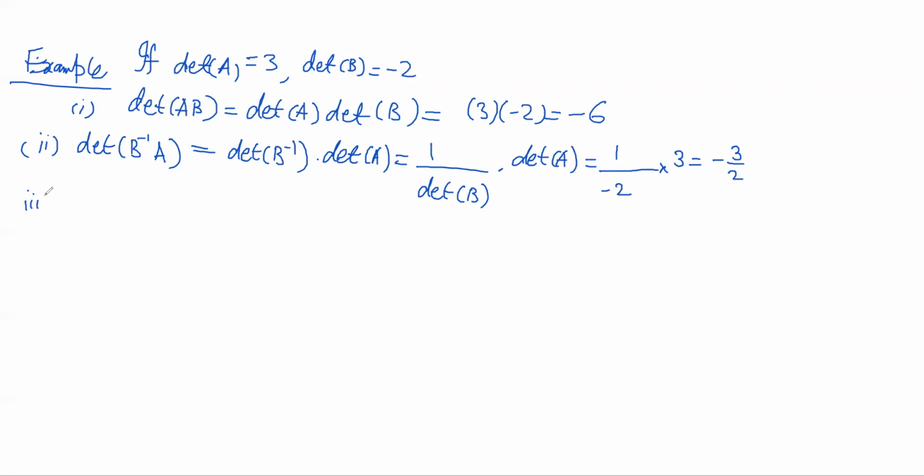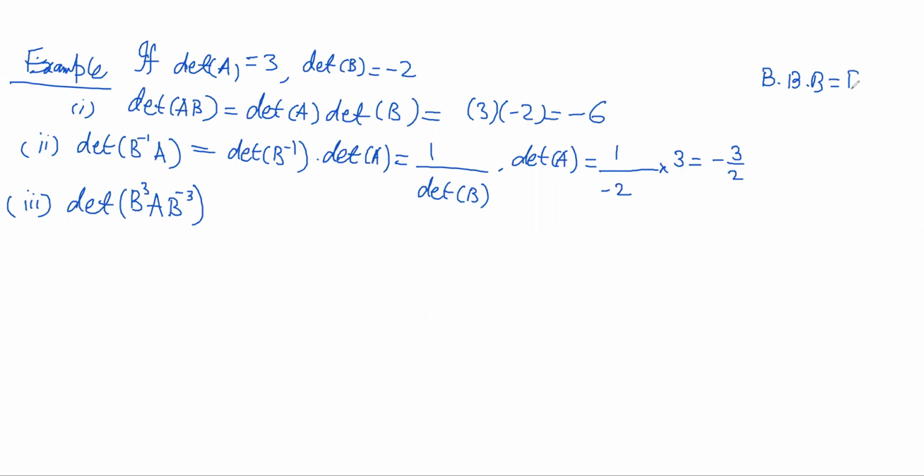And in this case, what is the determinant of B cube A B minus cube? B cube means the matrix B is multiplied with B, and then that is multiplied by B again.